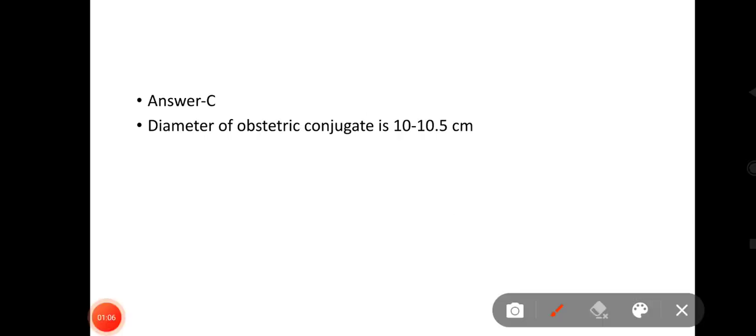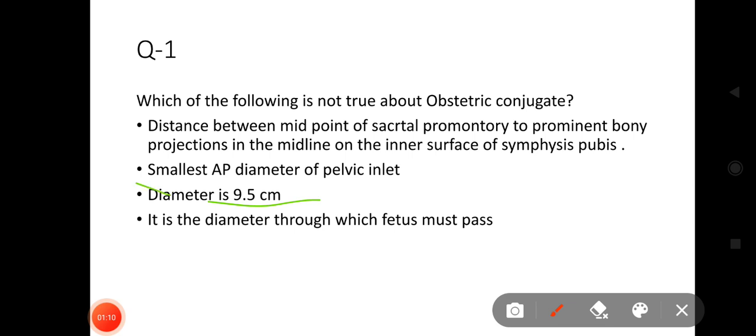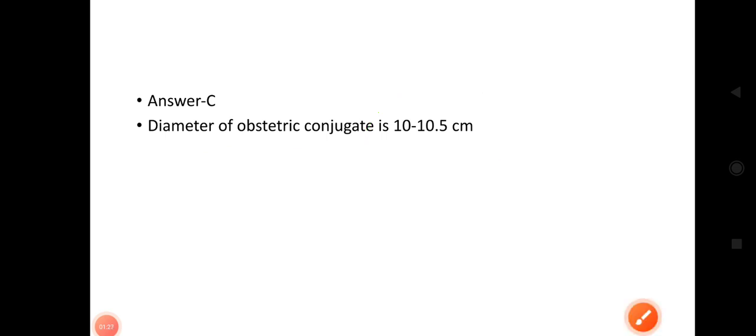The answer is C, that the diameter is 9.5 centimeter. This is not correct. First of all, learn all these options so that a few important points about obstetric conjugate will be remembered. The correct answer is that the diameter of obstetric conjugate is 10 to 10.5 centimeters. So 9 is the wrong option.